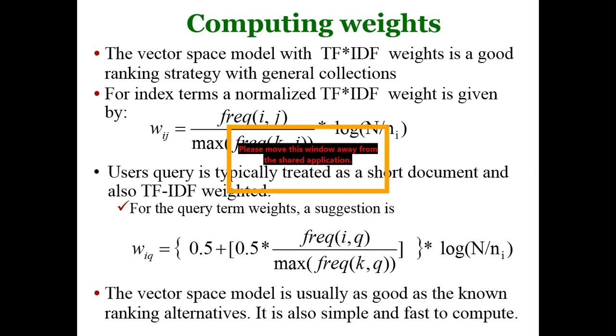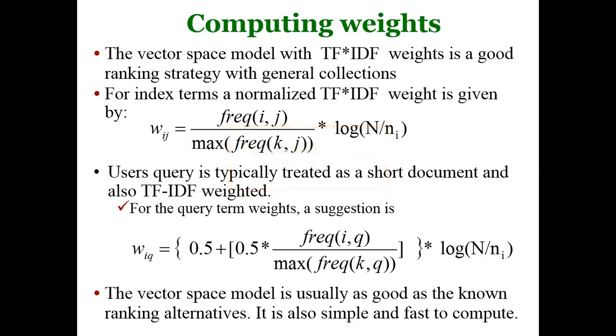But mostly it's better to go for the easiest one, which is normalizing by the number of terms available in a given document. Calculate the term frequency of a given term divided by the total number of terms available in that given document.